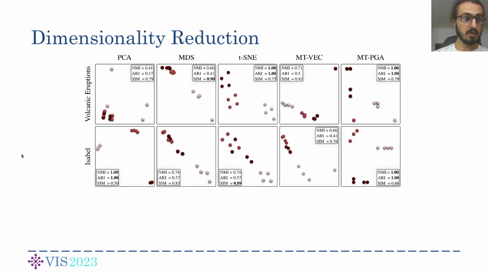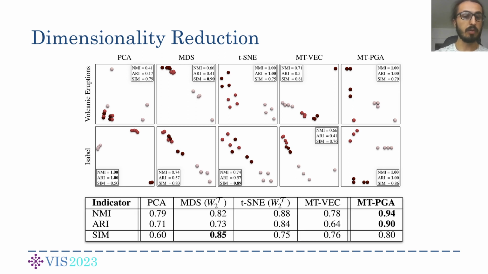Then the second application was dimensionality reduction, where we use these coordinates in our basis as coordinates in a 2D plane. We compare our method to traditional dimensionality reduction methods such as PCA, MDS, and t-SNE, and we evaluate this over our ensembles with indicators such as NMI and RI, which indicate how well the clusters are separated in the embedding, and with the SIM indicator, which tells how much we have preserved the distances of the original space in the embedding.